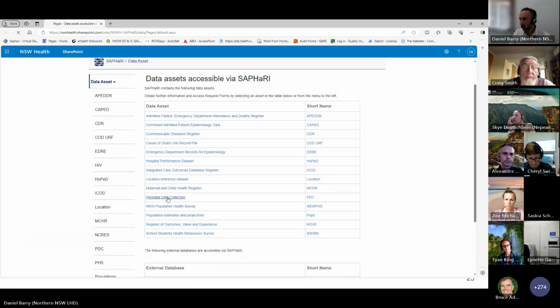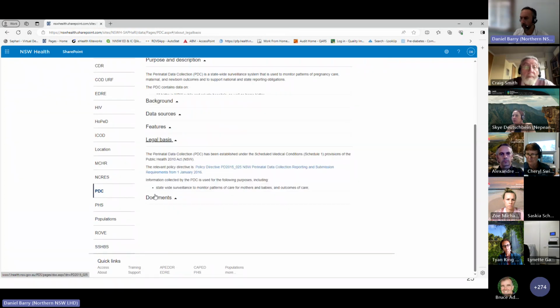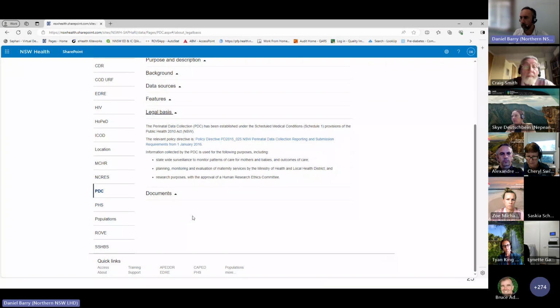The individual pages for these data assets give you a fair bit of detail about the data asset itself and how you can use it. And in particular, what I just want to quickly show people here is they provide you the legal basis. So I've clicked through to the site for the perinatal data collection, and that shows that it's established under the Public Health Act, that there's a policy directive around data collection and reporting for this data asset.